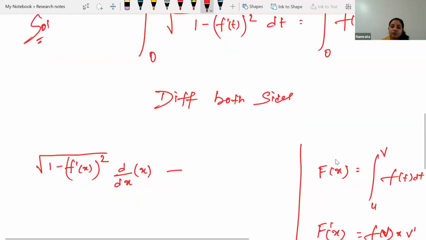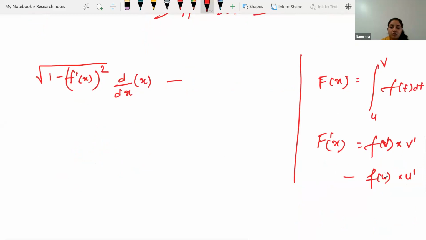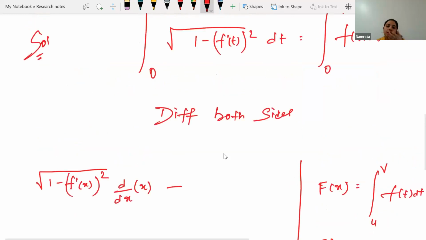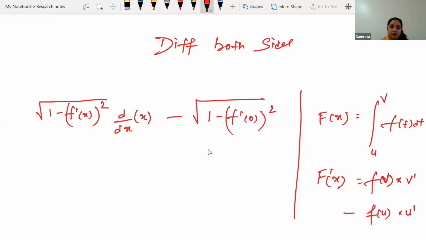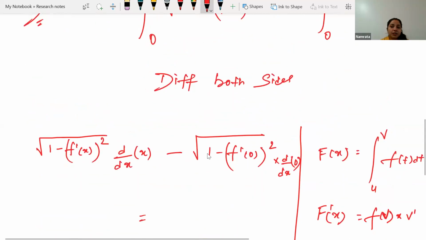Then in the same integrand we put the lower limit 0, so it will become square root of 1 minus (f dash 0) whole squared, times d dx of 0.